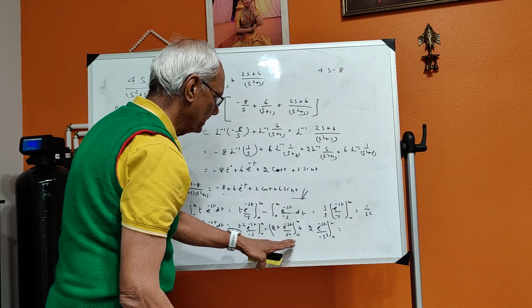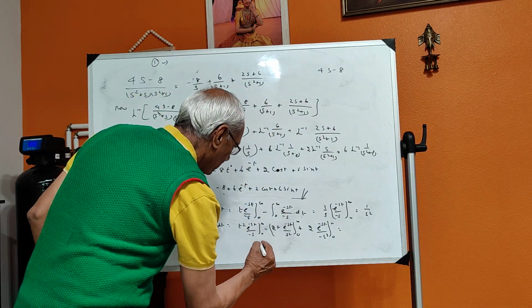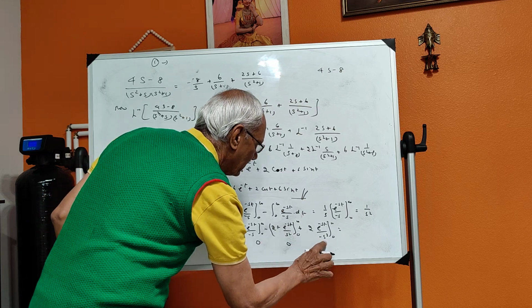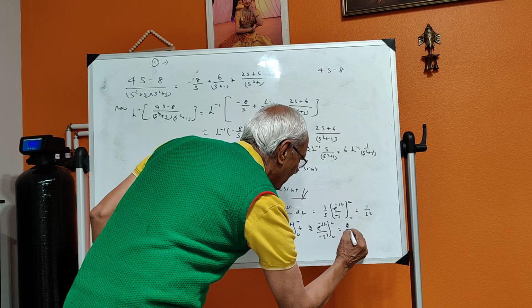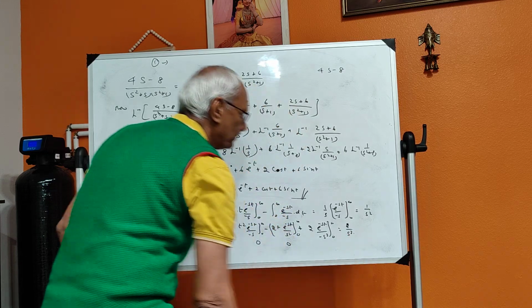That will give you, see, this is 0, this is 0, and this is minus, so you will get this to be 2 divided by s cubed.